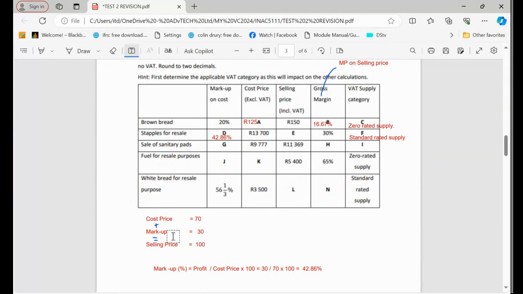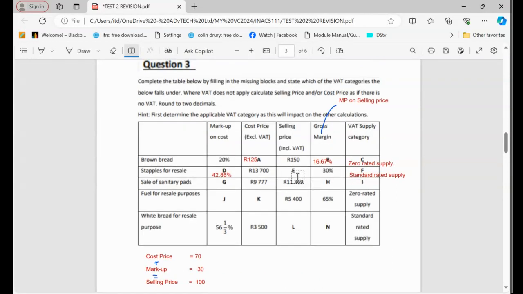You see now the importance of knowing these formulas. But you must first analyze what you have. Because I'm using this one, I analyze this one. If I was using this one to calculate that one, I was supposed to first analyze this one. But be careful how to analyze. Now it means I can find E. Remember, E is the selling price.